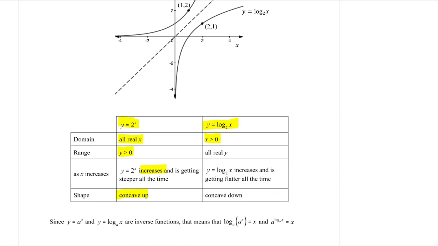Our range, though, is now freed up. We can have any y values, and the positive ones, although it doesn't increase very steeply, will keep increasing forever, just much slower. So it is still increasing all the time. However, it is now facing down. It is a concave down graph.